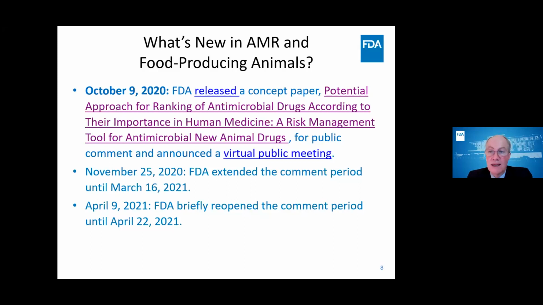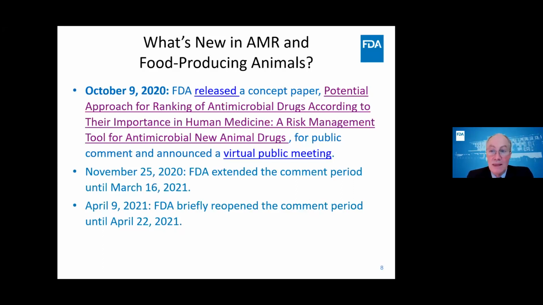And so in that guidance, we talk about medically important antimicrobials, so those that are important for therapeutic use in humans. We use that term to distinguish from uses like production purposes, like growth promotion, weight gain, feed efficiency. That's a really important risk management term, medically important antimicrobials.